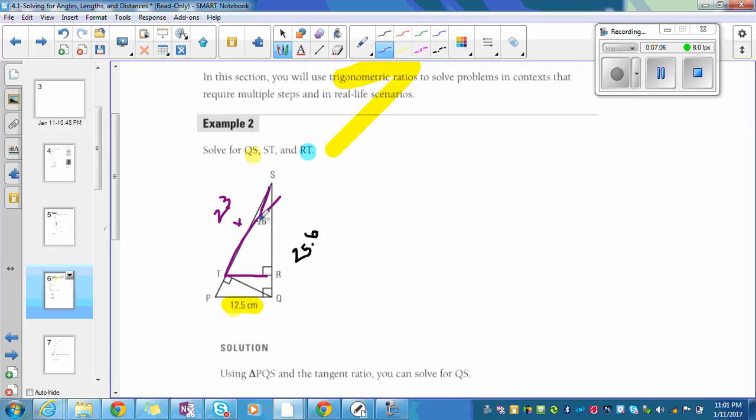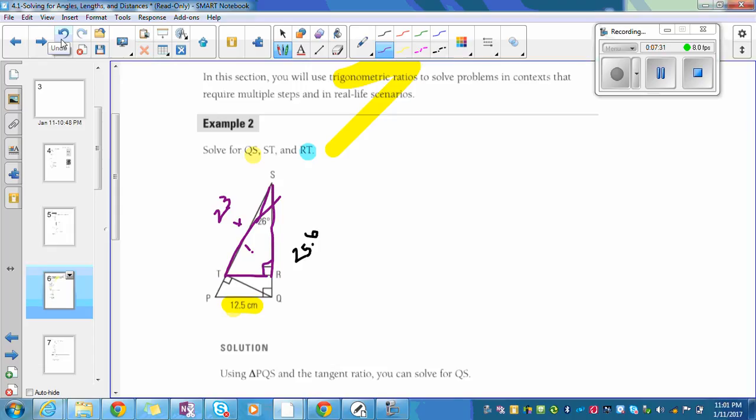It's part of this tiny little triangle on the top. RT is across from 26, opposite to 26. And in this triangle, our right angle is right here, so the 23 is our hypotenuse. So we want to know the opposite side from 26 with a hypotenuse of 23.